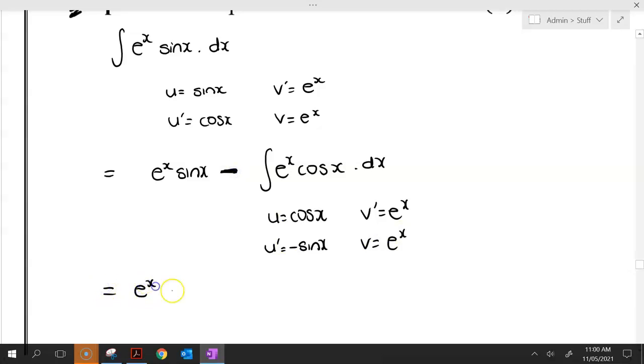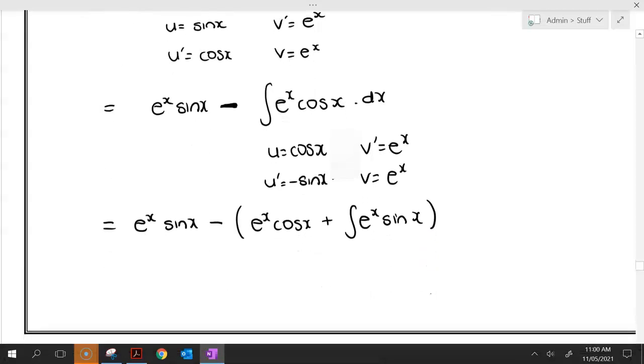So I've got e to the x sine x minus, okay, so I've got uv, so e to the x cos x minus, and that minus will cancel, so plus e to the x sine x. Okay, so let's just neaten that up.